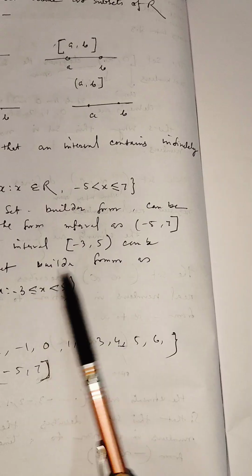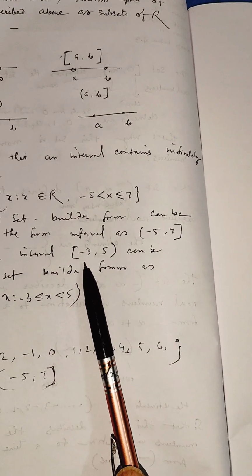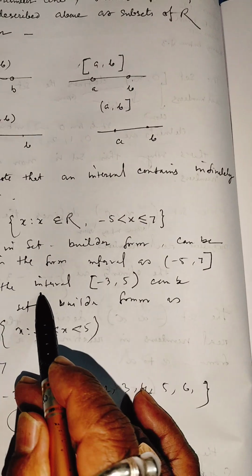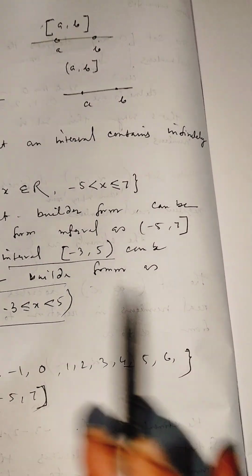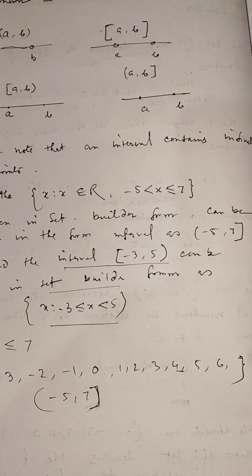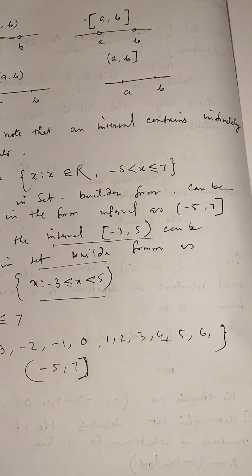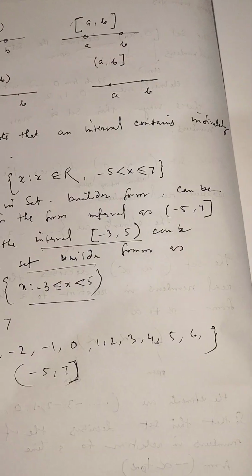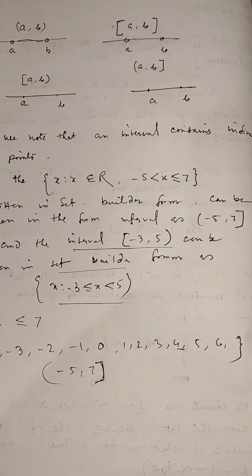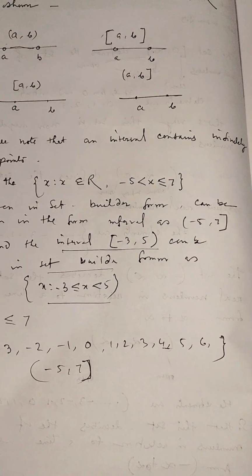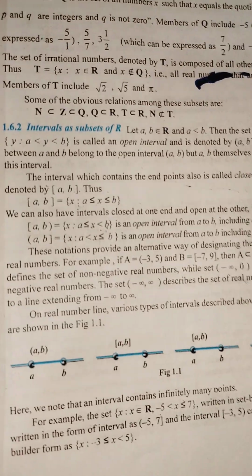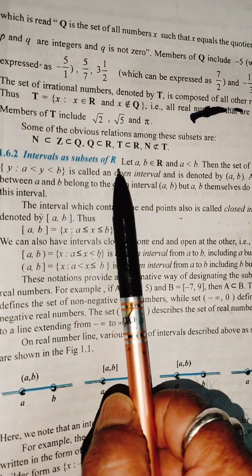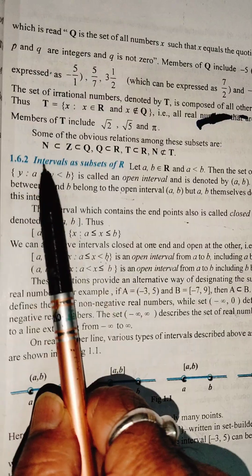So this is the interval form, and this is the set builder form. We can transform any set builder form to interval form and any interval form to set builder form. Okay, that is the intervals as subsets of R. In this chapter we discussed the intervals as subsets of R, section 1.6.2.